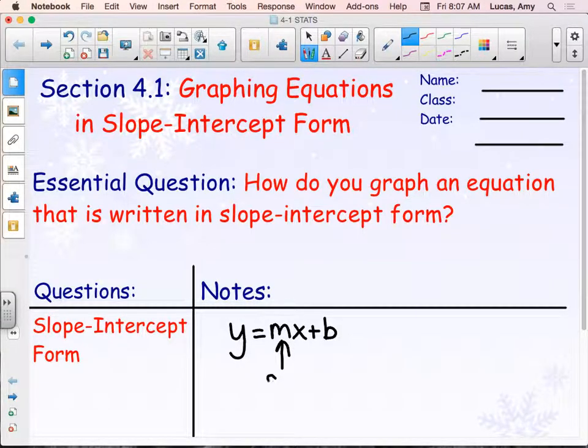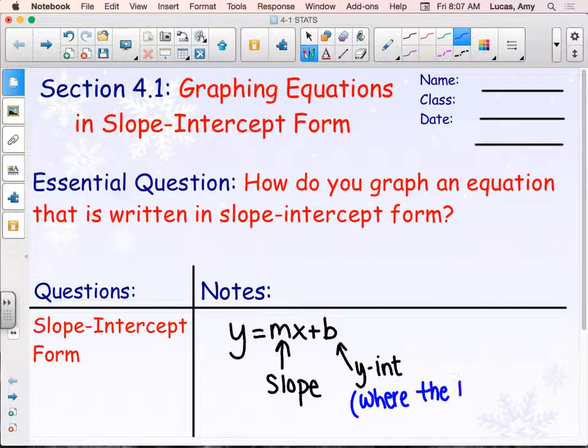M still represents the slope of the line, and B represents our y-intercept, or where the graph crosses the y-axis. Remember that the y-axis is vertical.